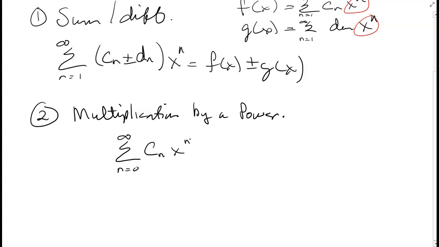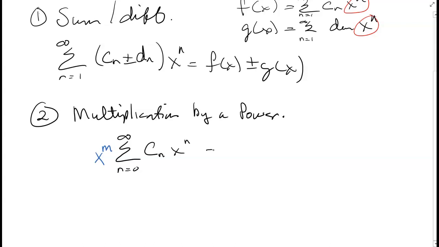Most basic power series centered at 0, whatever. If I go ahead and multiply that entire power series by, in blue, x to the m power, some other power. Maybe it's x to the third, x to the fourth, x to the fifth.